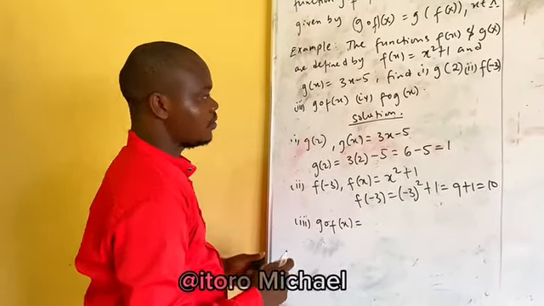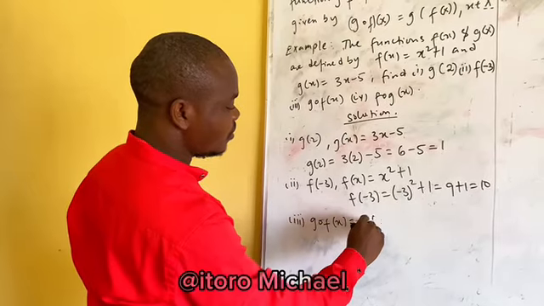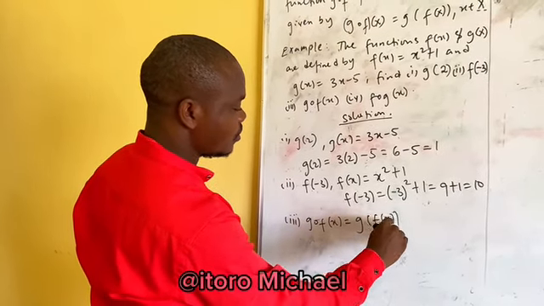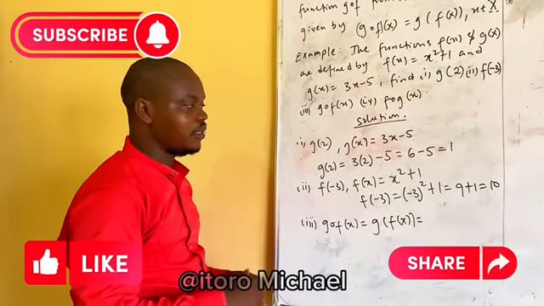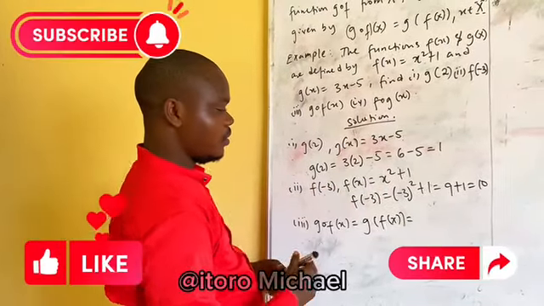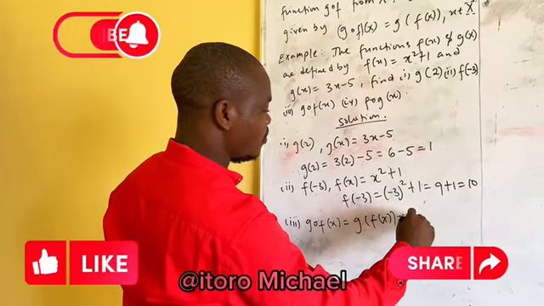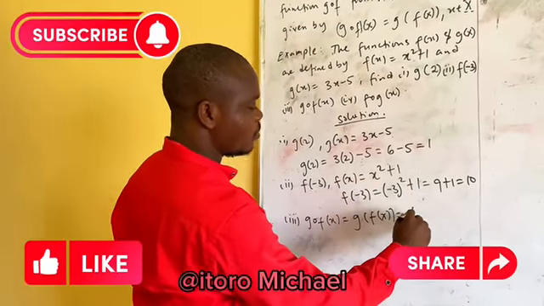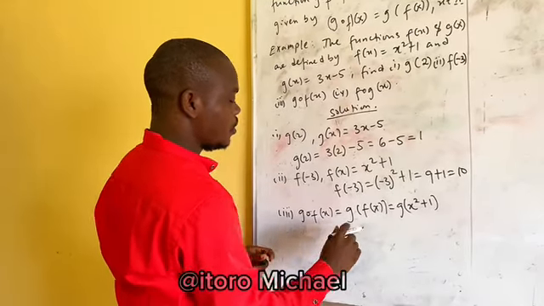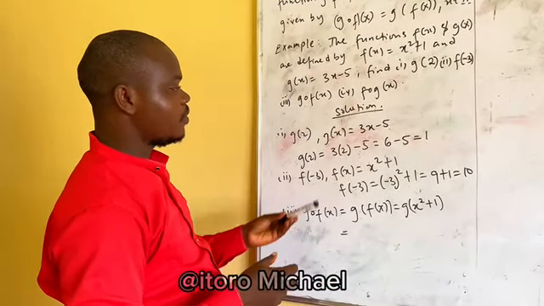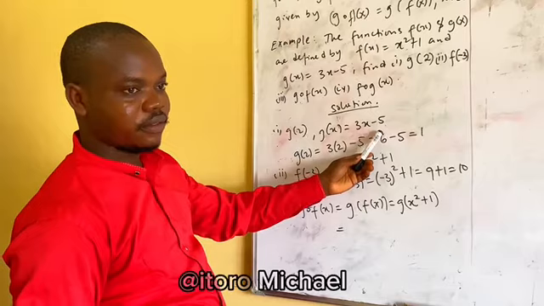The third question says g o f of x. This is a composition function written as g of f of x. Now from the function given earlier, our f of x is x squared plus 1. So we have g of x squared plus 1. Now our g of x was given by 3x minus 5.